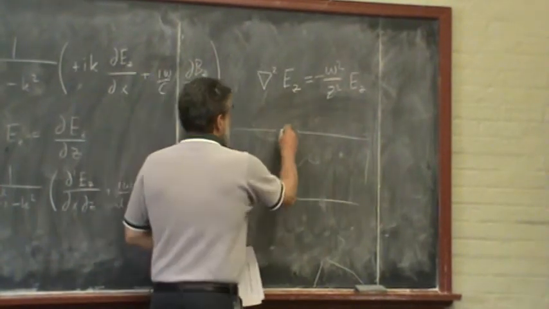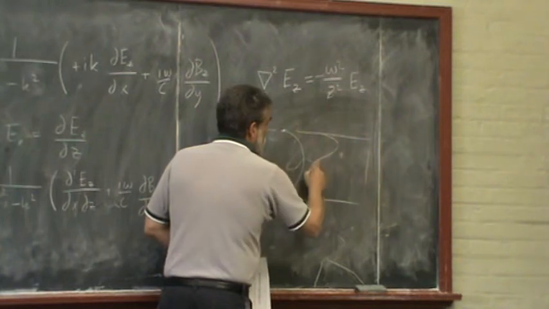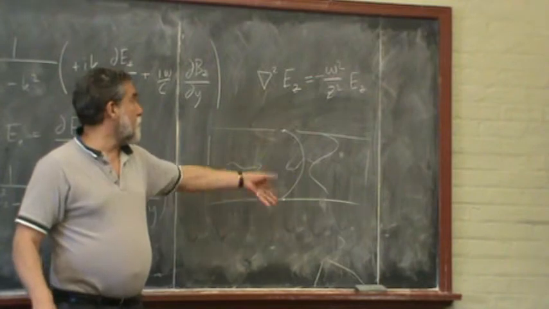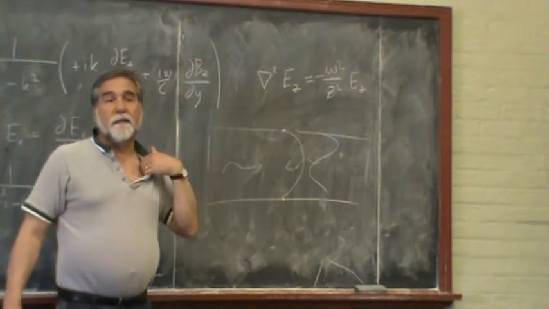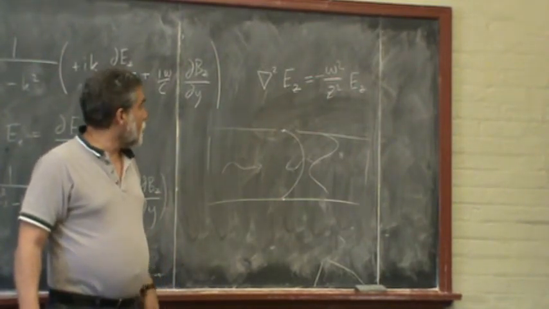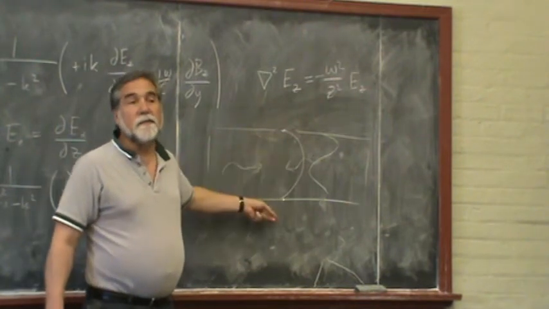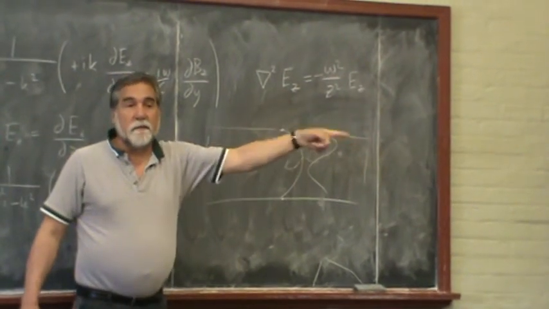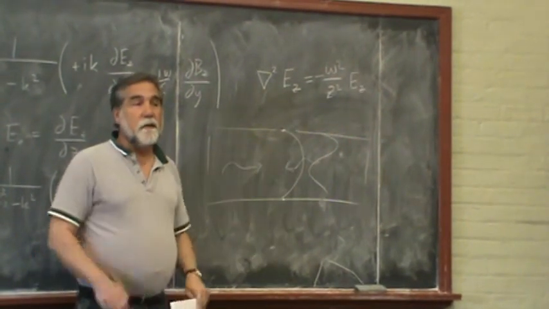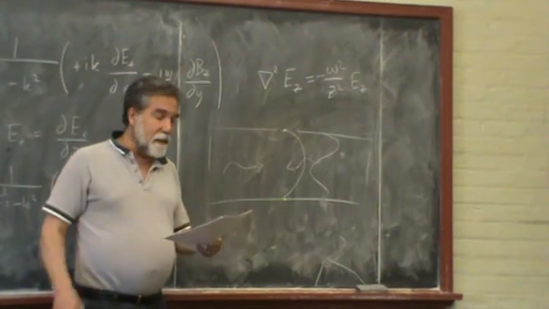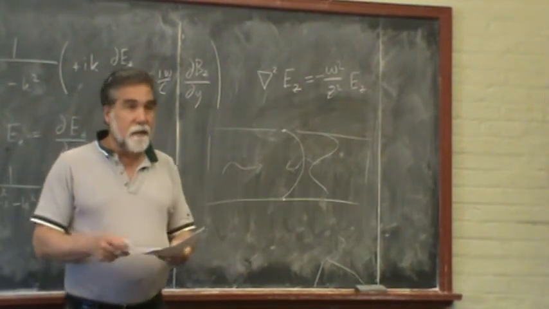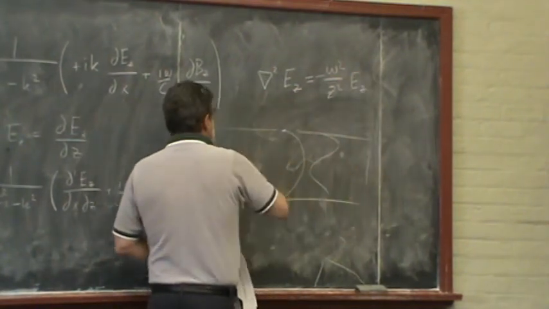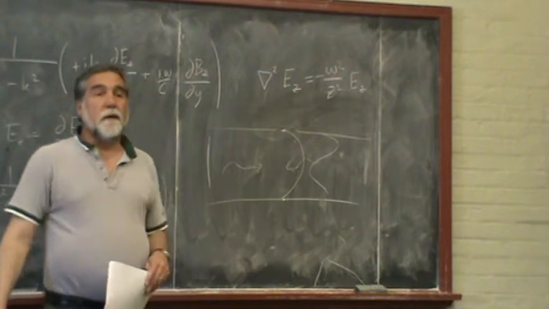You've done that bazillions of times in quantum mechanics, for example. So those are my allowed solutions in this direction for the electric field in the z direction. I can solve this equation for the magnetic field in the z direction as well, but in order to fully solve it, I have to know what the boundaries are on the ends.